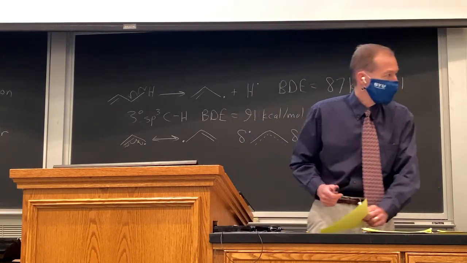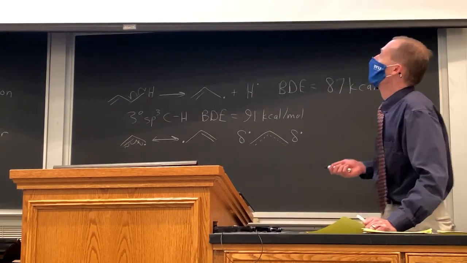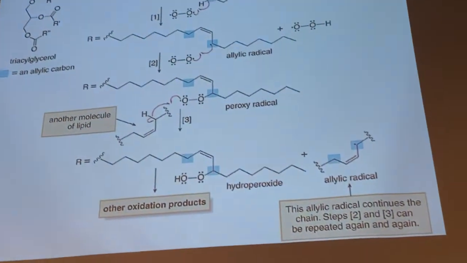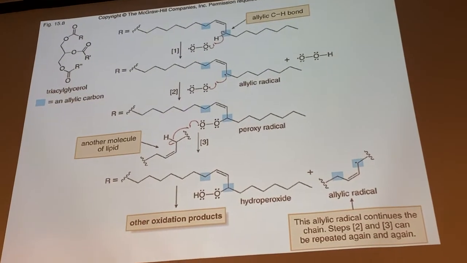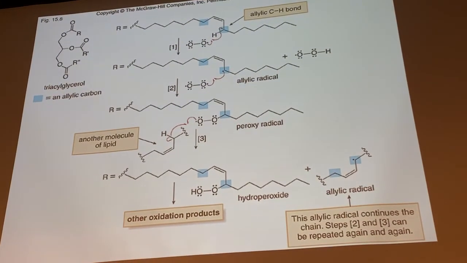So we just learned that allylic carbon-hydrogen bonds are slightly weaker than other sp3 carbon-hydrogen bonds. And so if we expose an alkene to oxygen, because oxygen is a diradical, as we see it right here, that oxygen atom can abstract a hydrogen from one of the allylic carbons of our alkene, generating a resonance stabilized allylic radical.